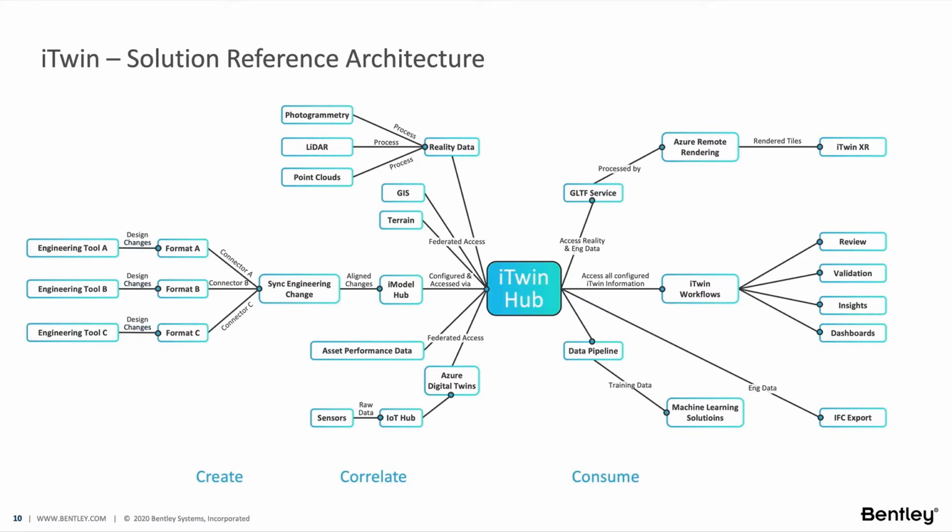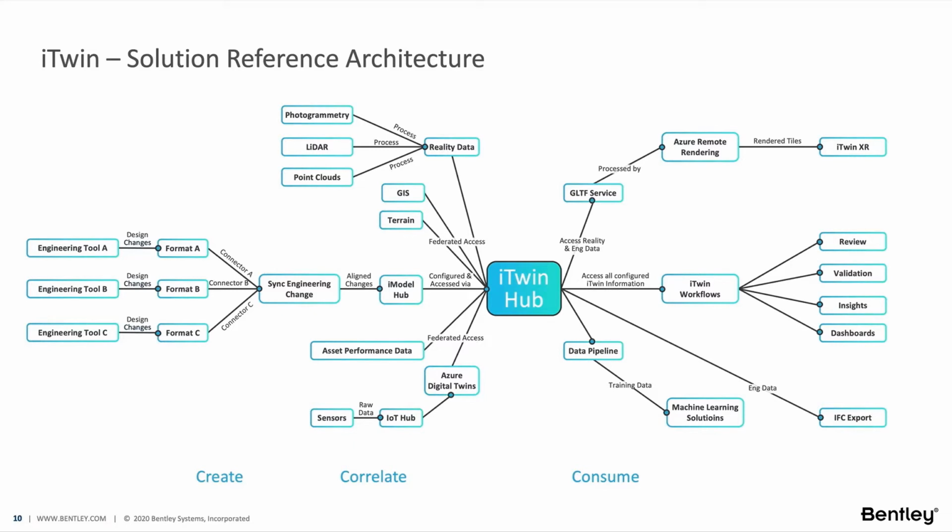We can augment it with the asset performance data as well as the IoT data. When we do this, we have the cohesive, comprehensive digital twin information in the iTwin Hub, and we're striving to build all of this within our iTwin technologies now. You can now benefit from all of this cohesive, comprehensive information through iTwin workflows on the right-hand side.